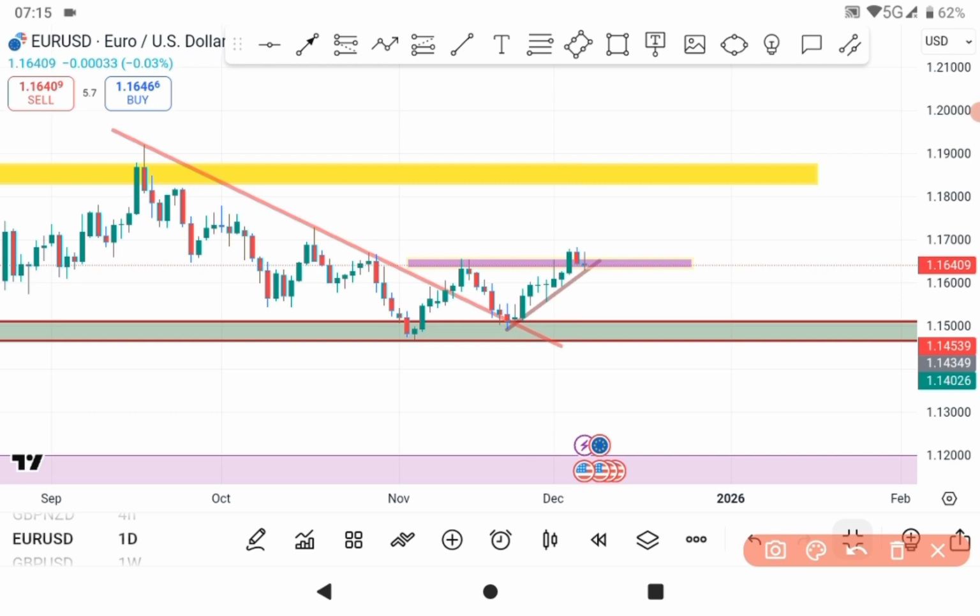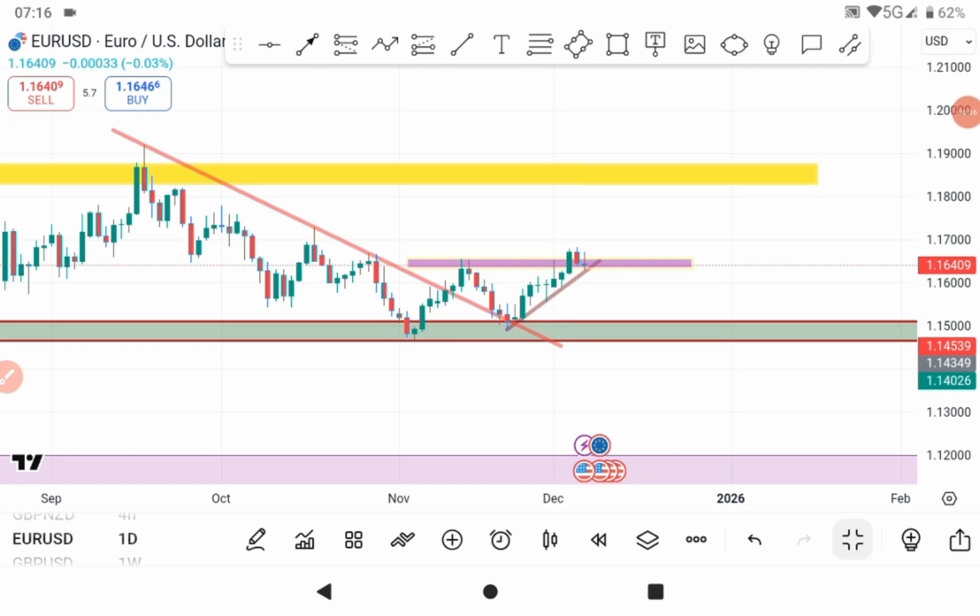What invalidates this setup is when I see that this neckline is not fully broken and retested as I am expecting. If the neckline is still not broken and retested, I'm not going to place a trade yet. I just have to allow the market to do its own thing and give me the confirmation I'm looking for before I can possibly place a buy on Euro USD next week.